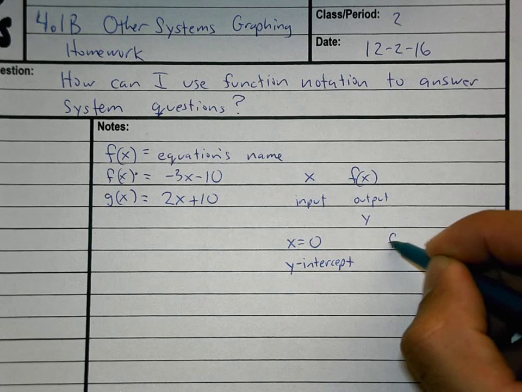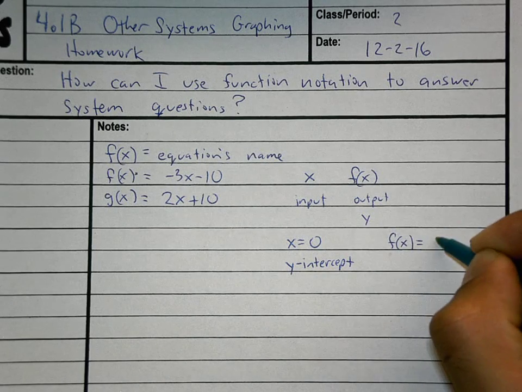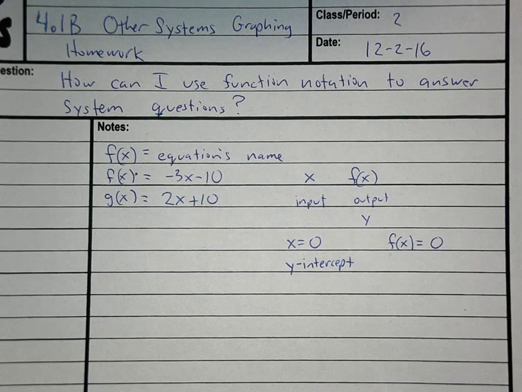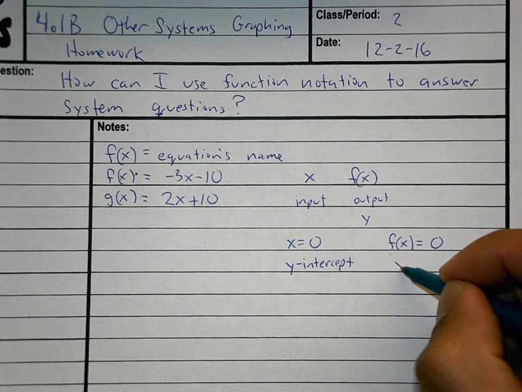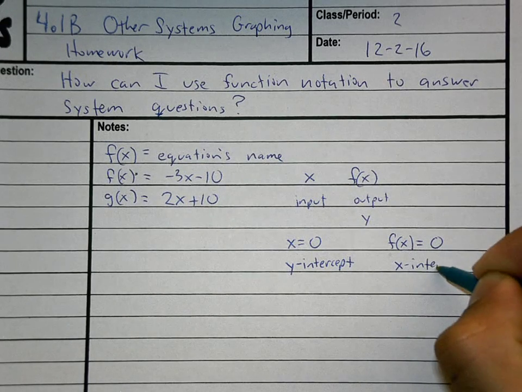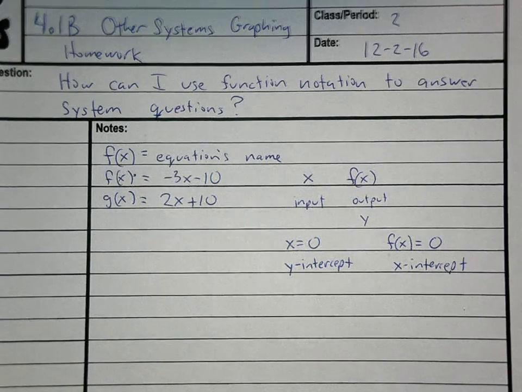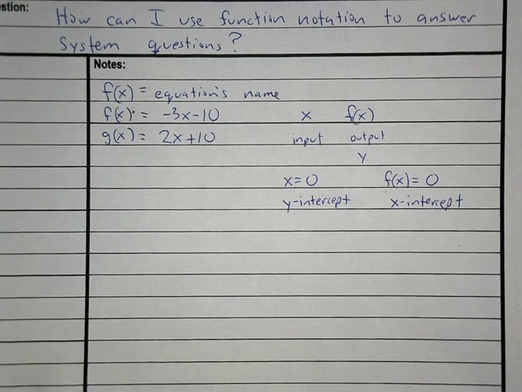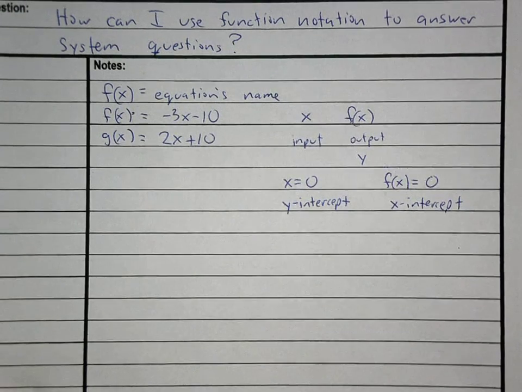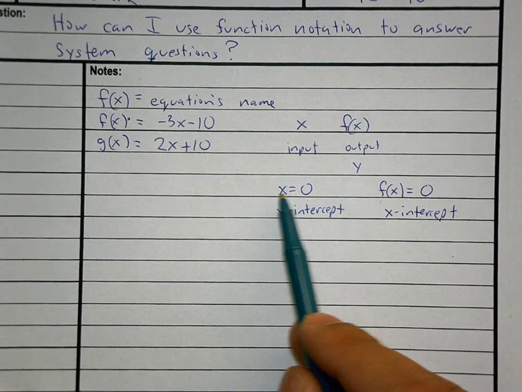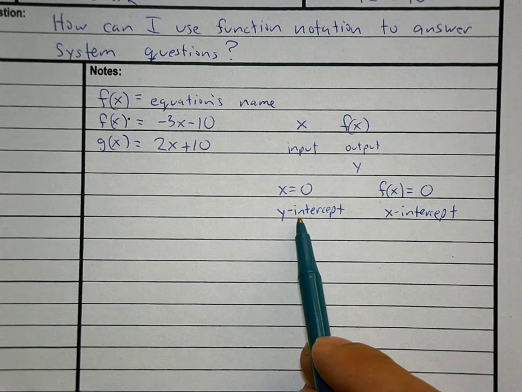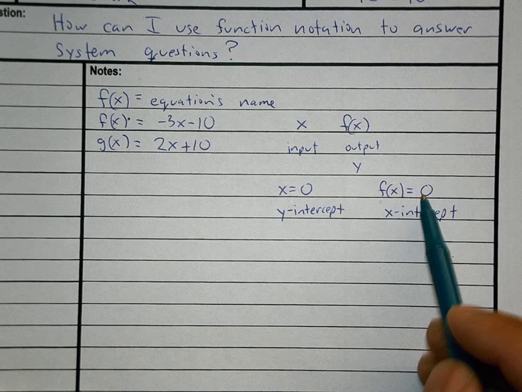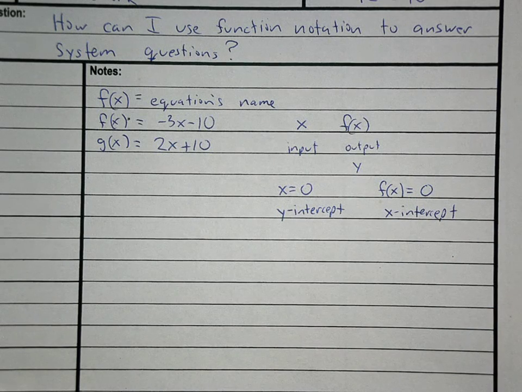When it says f of x equals 0, that is asking for an x-intercept. When it's f of x equals 0, it's asking for an x-intercept.